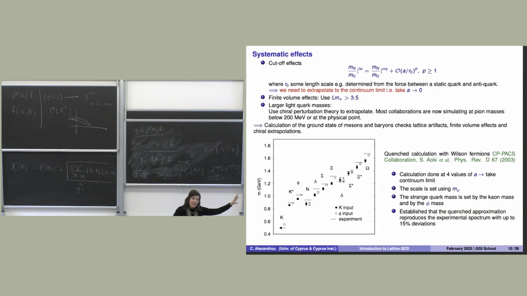plus, I didn't put it here, corrections due to volume. Now, the volume corrections for these quantities are exponential, e to the minus mass times the length of my lattice. So if I were a purist, I would write order a over some quantity to make it dimensionless, plus order e to the minus M, the difference in the masses, so ML.